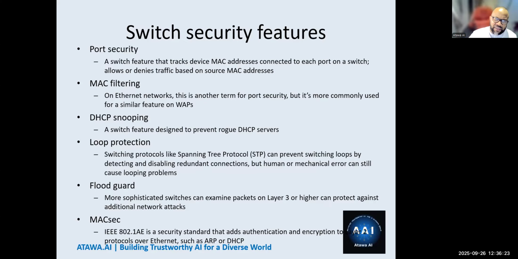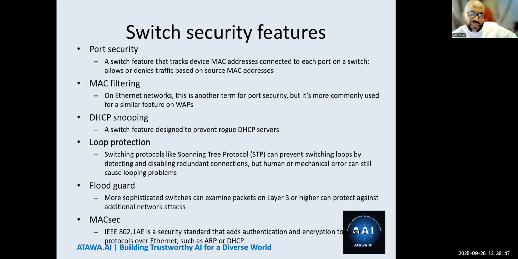Flood guard. This one examines packets at layer 3 or higher to protect against additional network attacks. But remember, switch security is generally more on layer 2. So this is what we want to call a managed switch or layer 3 switch, which becomes confusing. And then MAC security is based on 802.1AE.